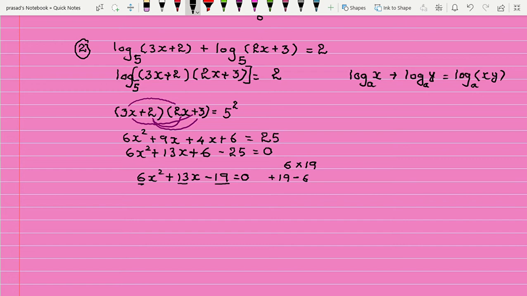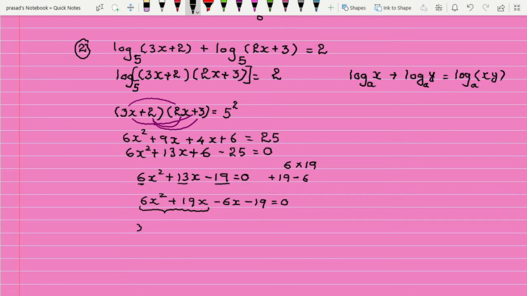So how will you split up the middle term? 6x square plus 19x minus 6x minus 19. Now group the terms. Take first two terms. What can you take common from these two terms?